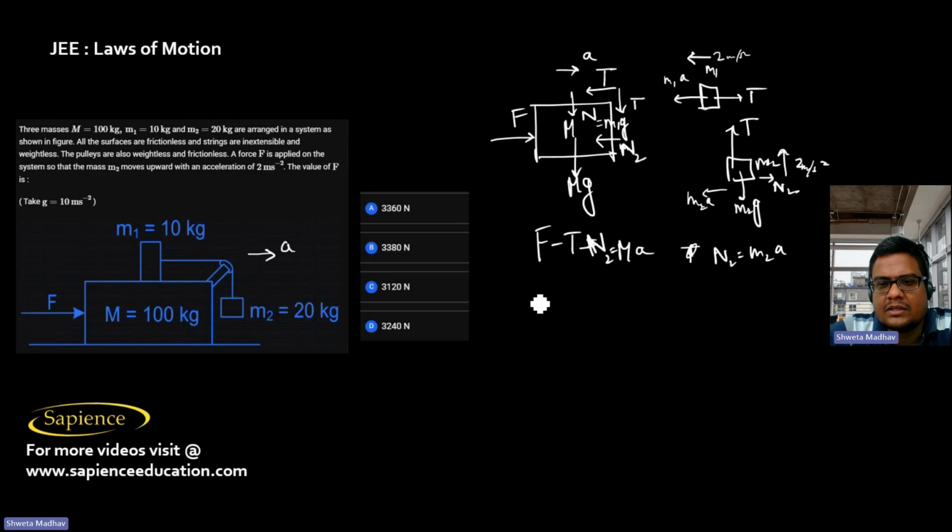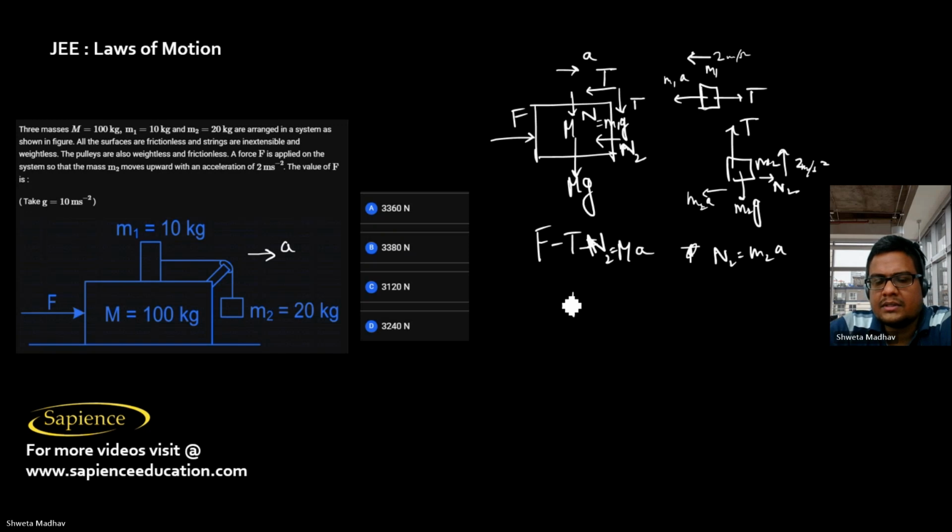And from here we can say that M1a minus T is equal to M1 into 2. And here also T minus M2g is equal to M2 into 2.